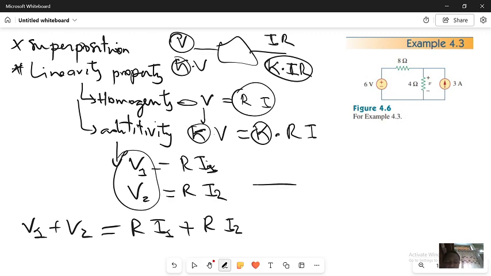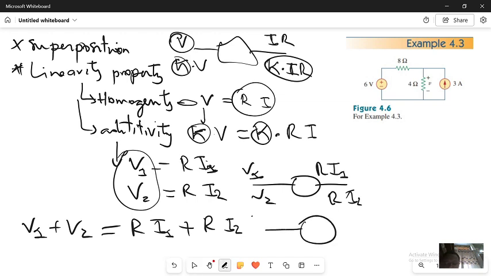So I have an input V1, it gives me output Ri1. I put another input V2, it gives me output Ri2. Now I give the input as the summation of V1 and V2.